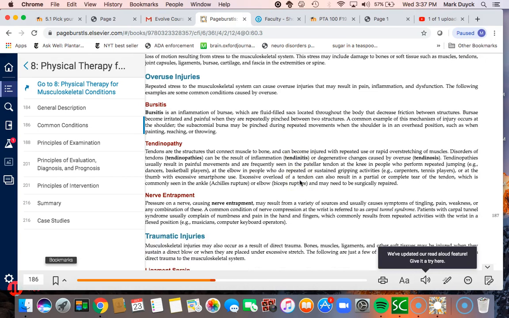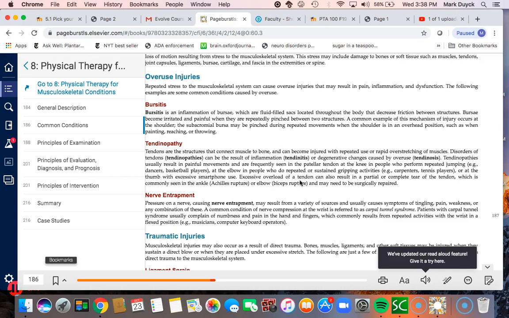Tendinopathy is just that overuse of tendons. Wrist tendons are common ones that can get overused through certain activities or sports. We have some biceps tendons that certainly can be overused if someone is lifting too much, and there may be a rapid overstretch when a weight is not controlled, going into elbow extension from flexion, for example.